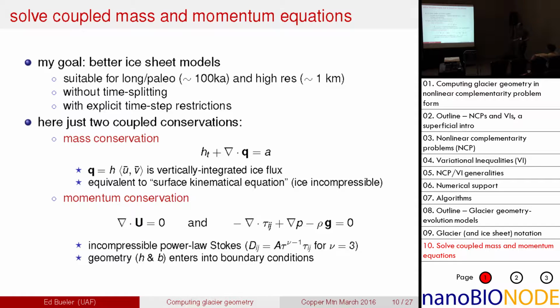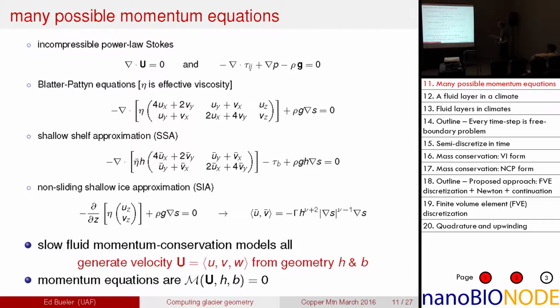So I'm going to do that, and once you do that, you tend to see one equation with a time derivative in it and a Stokes problem, or a simplified Stokes problem with no time derivatives in it. So maybe I'm misnaming this, but it doesn't really matter. I'll move on from that. Oh, I want better ice sheet models than the one I'm working on. That was what those little things were saying.